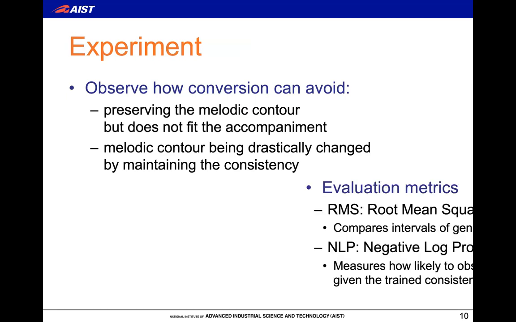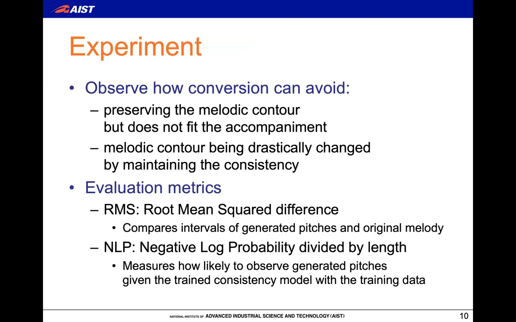To check these cases, we have used two evaluation metrics. One is the root mean squared distance to compare intervals of generated pitches and the original melody. The other is negative log probability divided by the length of the melody. This measures how likely to observe the generated pitches given the trained consistency model with the training data.